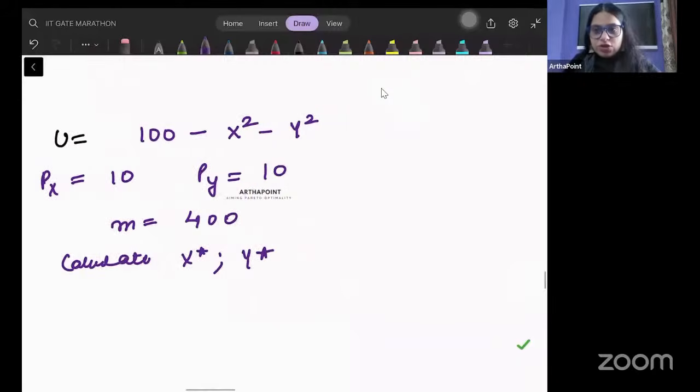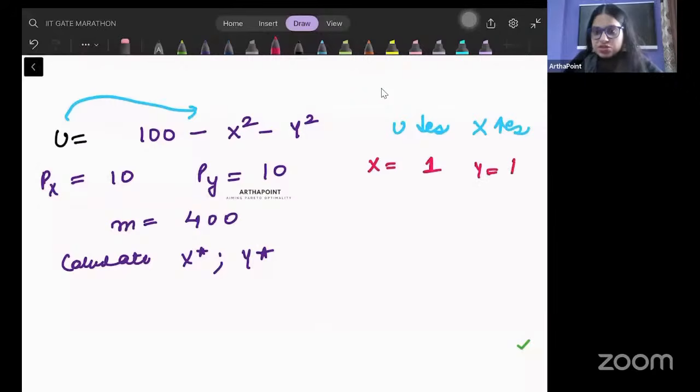अब हमें बहुत ध्यान से देखना है. See, my utility decreases as x increases. When I put x even as 1, a minimum amount of x and y that I consume, my utility will go below 100.